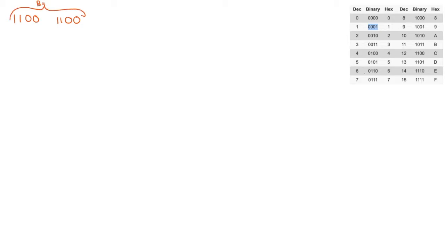So those 8 digits there is the byte. Half a byte is called a nibble, and each single digit here is called a bit. It was something I'd forgotten, so it might be useful to you at some point.